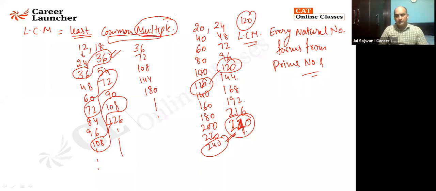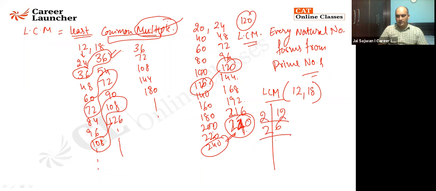So what I do here is, I'm talking about 12 and 18. For example, I want to find out the least common multiple of these two numbers. If I talk about 12, by the factorization method, I can say 6, 3, 3 and 1. With 18, I can say it is 2, 9, 3, 3, 3, 1.